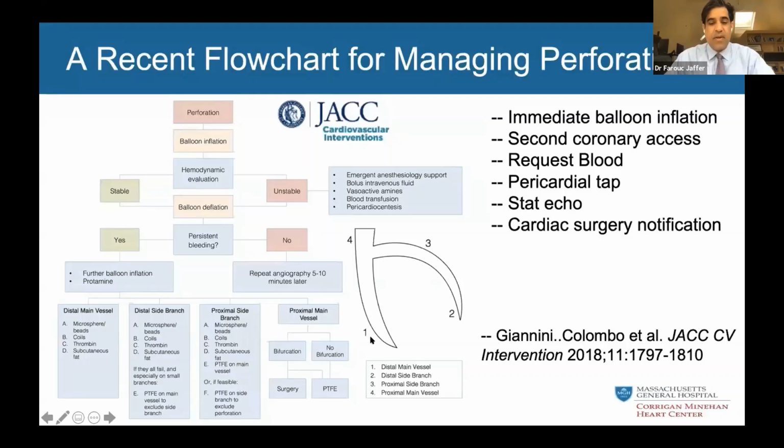Is it the distal main vessel, the distal side branch, proximal side branch, or the proximal main vessel? Particularly if there's a bifurcation, think about surgery in this recommendation; if there's not a bifurcation, like in our last case, go straight to covered stents in these larger vessels. This is a nice overview I encourage people to look at.